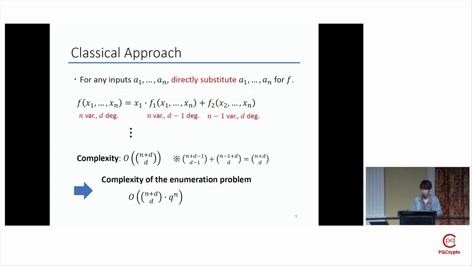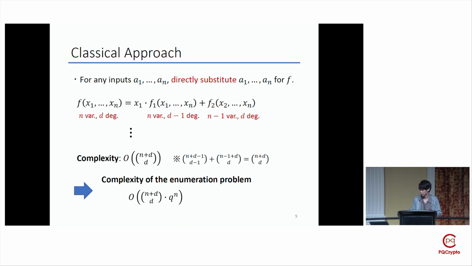First, I talk about the classical approach to solving this enumeration problem. For any inputs a1 to an in Fq, this classical approach directly substitutes the inputs a1 to an for f, and iterates such a substitution q^n times.